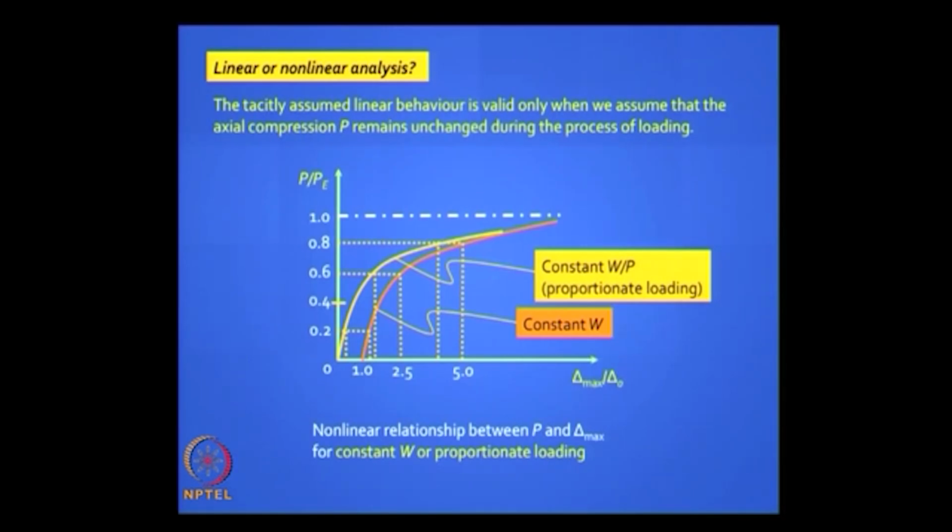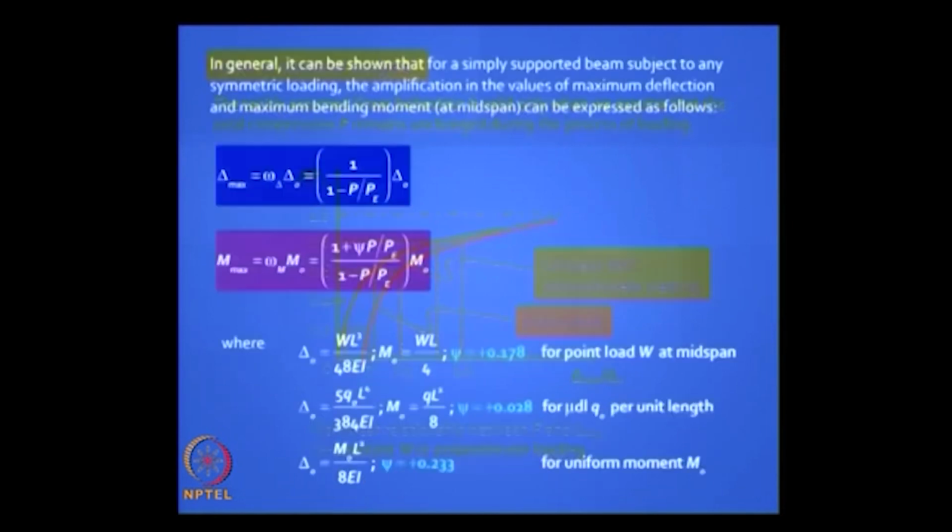But if unfortunately P is changing, either you have a constant W case or a constant W by P case, then you have to recognize that you are dealing with a full blown non-linear analysis, which you can't do so easily. This is just for your information.